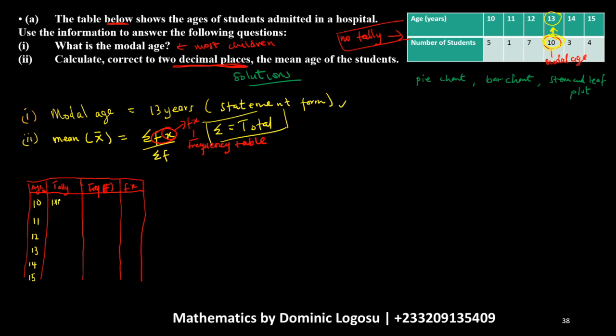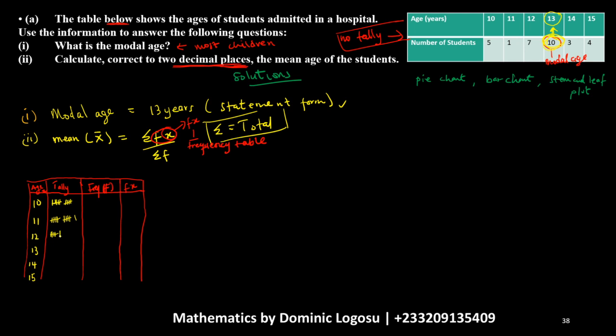So 1, 2, 3, 4, 5. When 5, you cross 1, 2, 3, 4, and then 5. Then 1, 2, 3, 4 cross. That's 5. And add 1, 2, 3, 4. The reason why they don't want you to do the tally, that's why they give the table, is that these figures are high. So if you're going to do the tally, it's going to be time wasting.